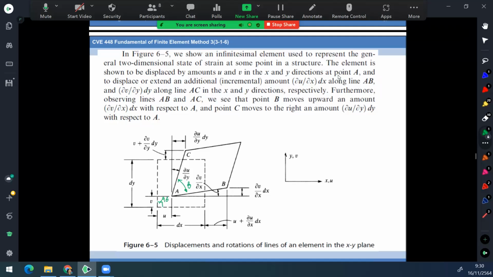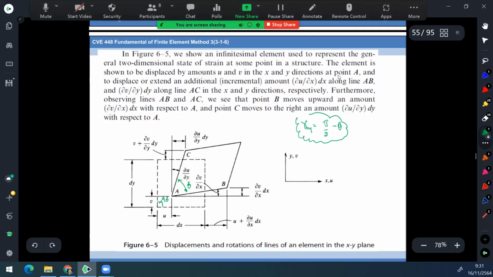So the change in angle is gamma xy, equal to pi over 2, since 90 degrees becomes pi over 2, minus theta. Gamma xy is defined by the change in angle like this.